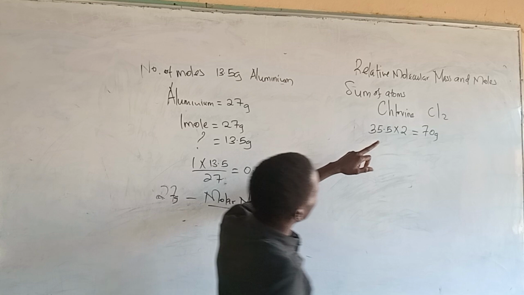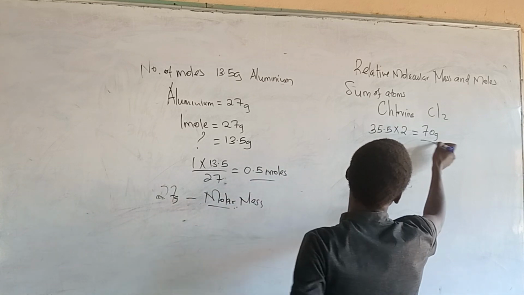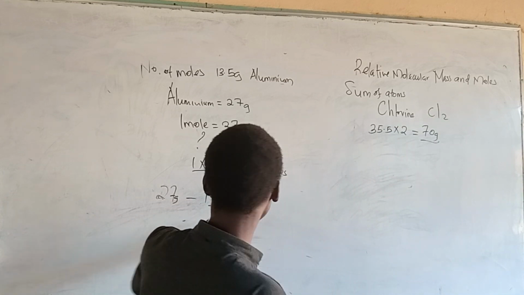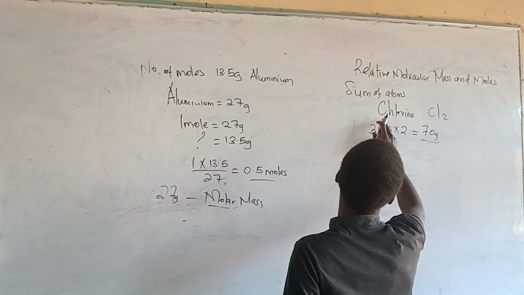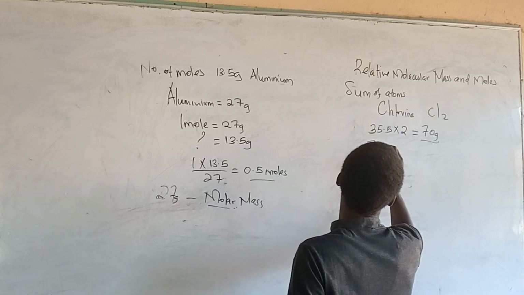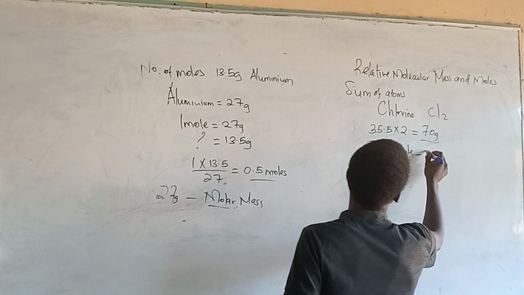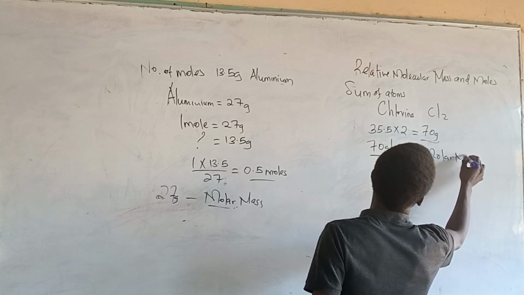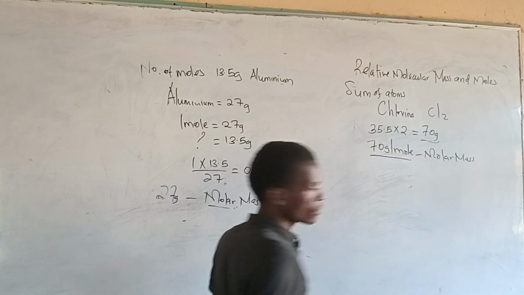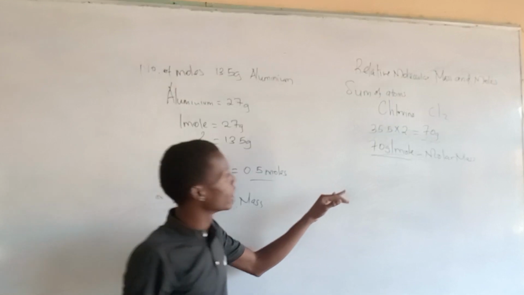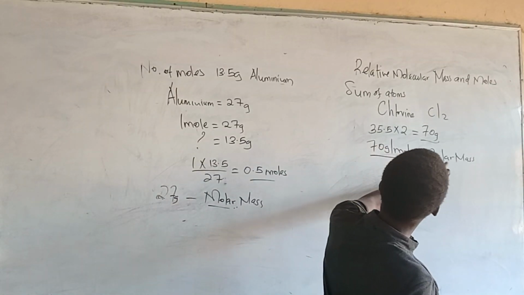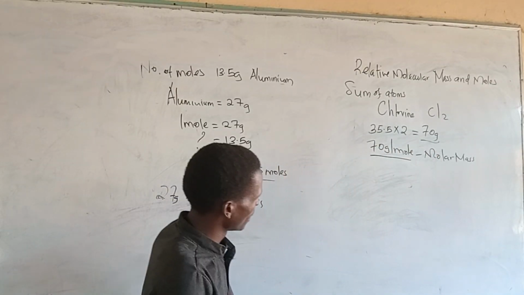So the relative molecular mass is 71, and the molar mass for this molecule will be 71 grams per mole. This one is the molar mass. So we need to understand how we are going to work with this.